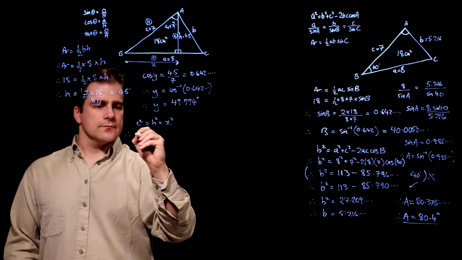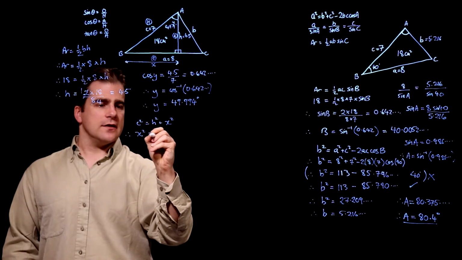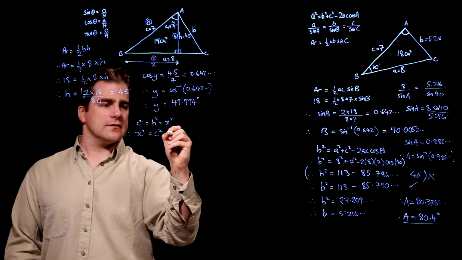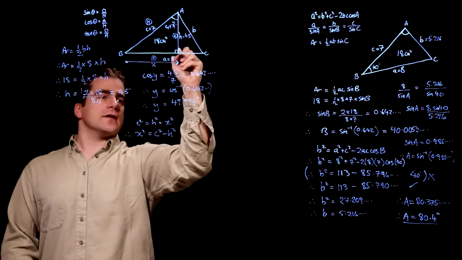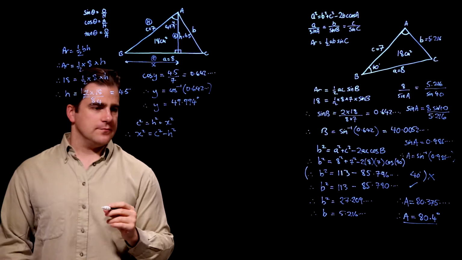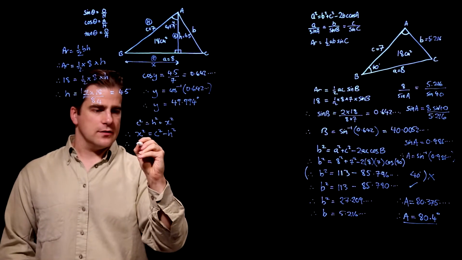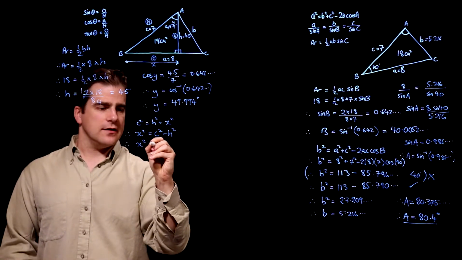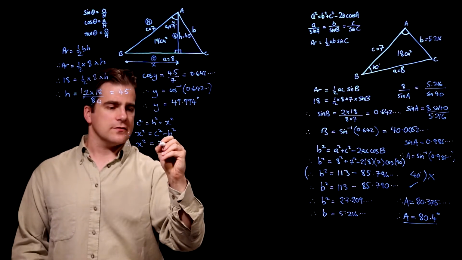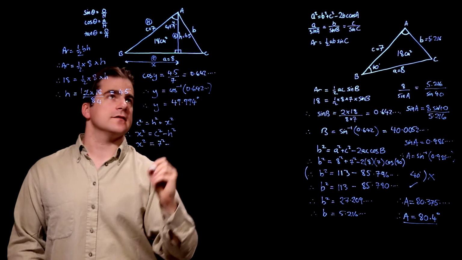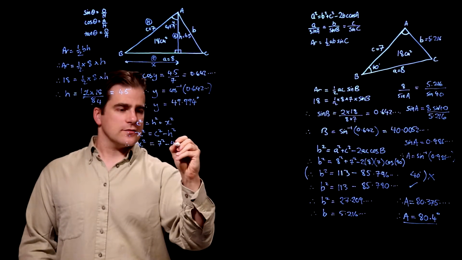Therefore x squared is c squared minus h squared. That squared is that squared minus that squared. This is just basic Pythag. Therefore x squared is c squared, which is 7 squared, which is 49, minus 4.5 squared.